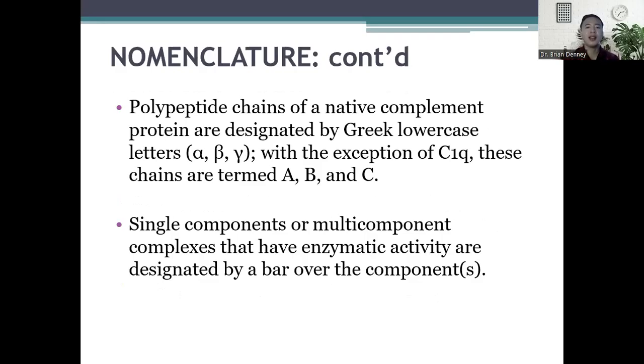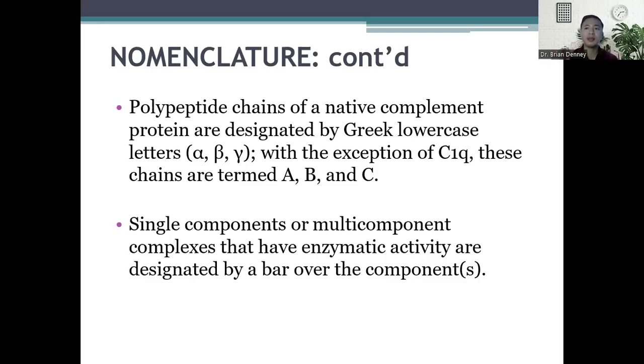Polypeptide chains of native complement proteins are designated by the Greek lowercase letters alpha, beta, and gamma, with the exception of C1q. These chains are termed A, B, C. So what I want you to remember here is that your C1q is comprised of polypeptide chains termed A, B, C. Let me make this simpler for you. Proteins are made up of peptides.